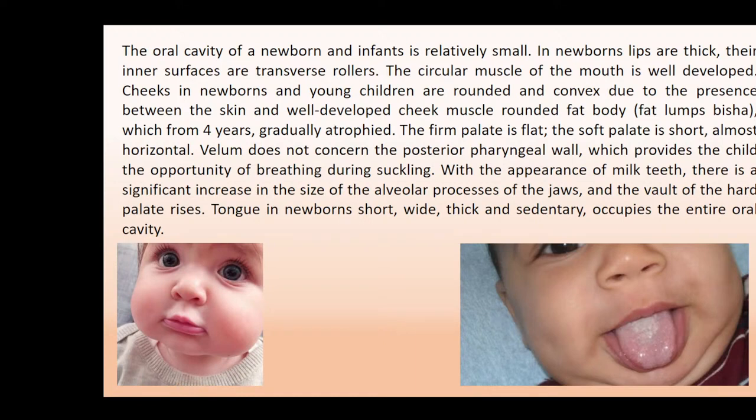With the appearance of milk teeth, there is a significant increase in the size of the alveolar processes of the jaw, and the weight of the hard palate rises. The tongue in newborns is short, wide, thick, and sedentary, occupying the entire oral cavity.